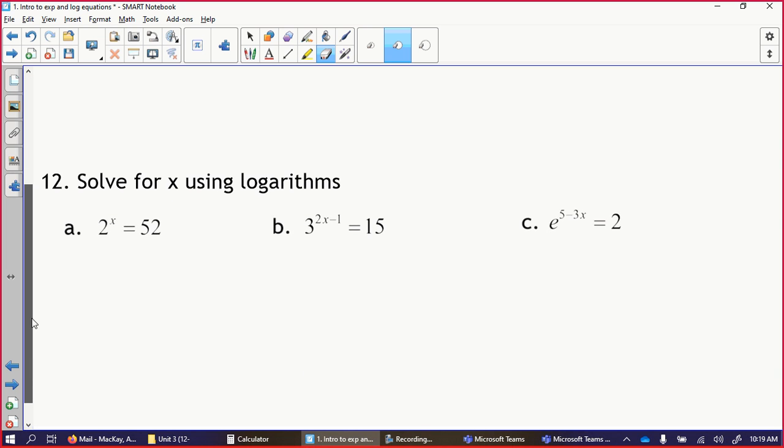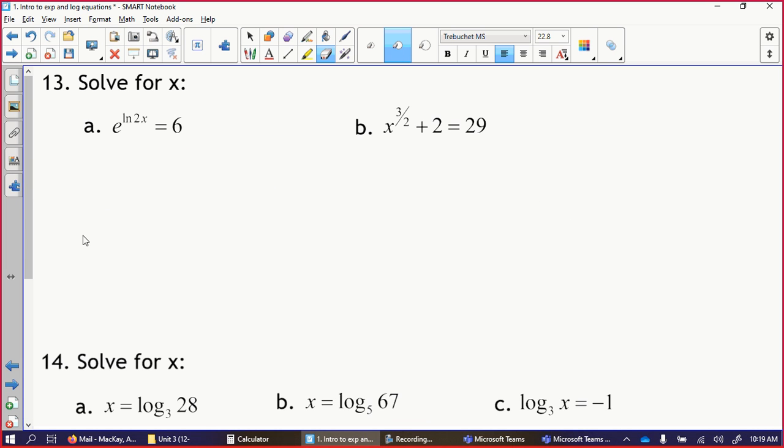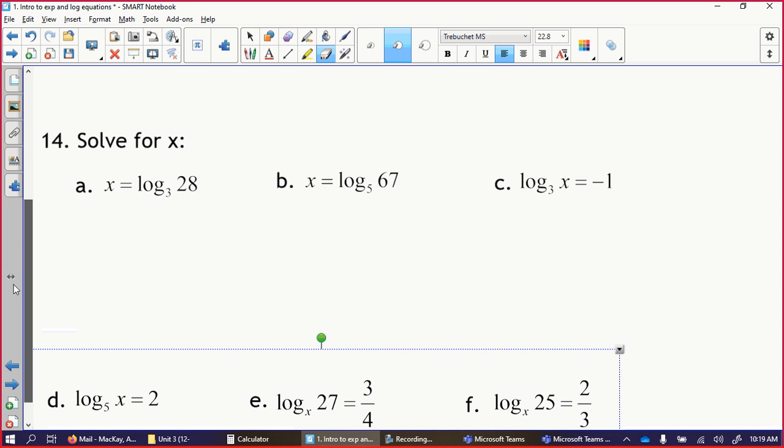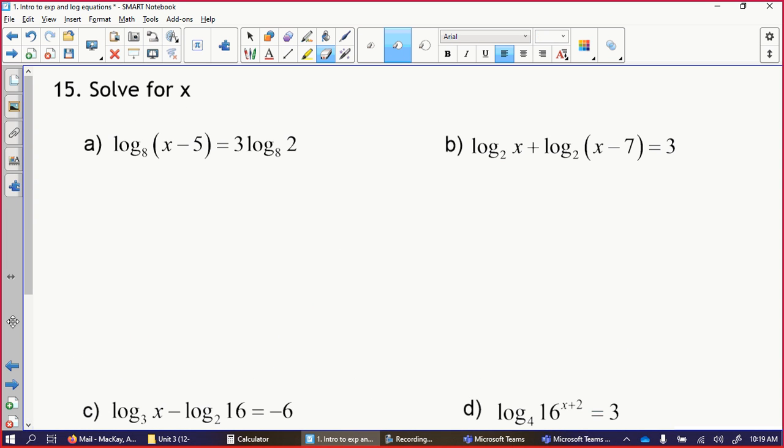This you have to take the log of both sides, or the natural log if you're talking about that one. You could use base 10, it doesn't really matter. Solve for x, those are going to cancel. Move that over and get rid of. And that's some of the stuff that we did today. And we'll leave 15 till that.